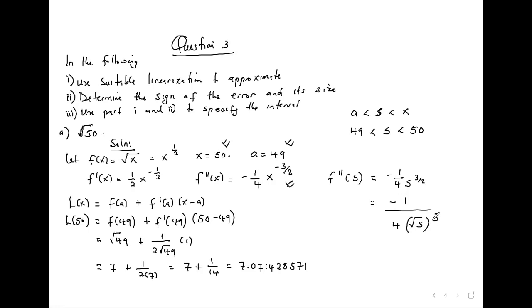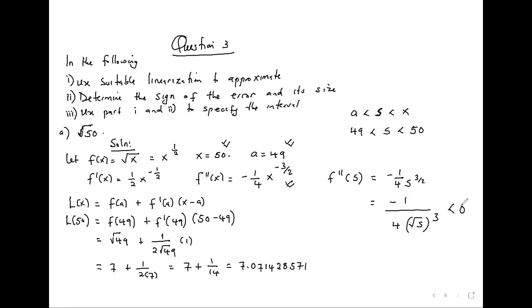Then you get its square root, it will be a positive square root. Then you get the cube of that, it will still be positive. You multiply by 4, it will be positive. Then you divide into -1. This number, even if we don't know what s is, will be less than 0, because there's nothing that will take away the negative.